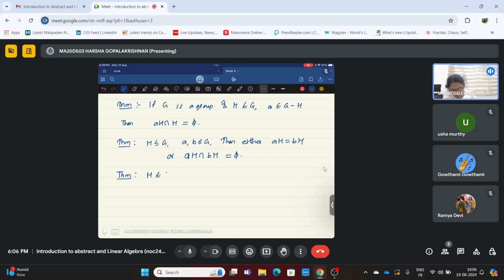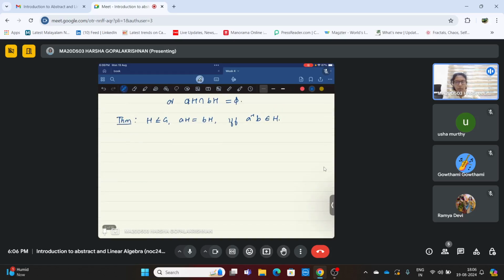If H is a subgroup of G, then aH equals bH if and only if a inverse b belongs to H. If you want the proof, just refer to the videos later.